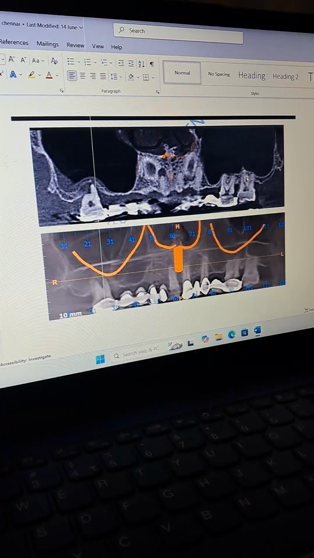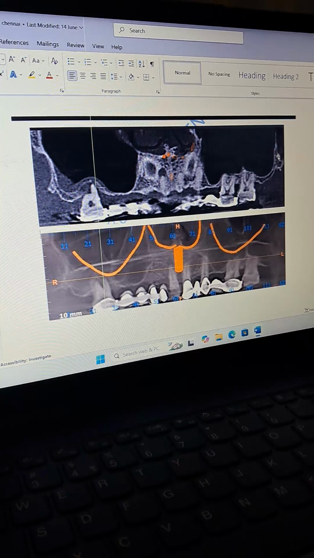Again, in the molars we have 5 mm of bone, and then again 1 mm, 2 mm bone. The advantage is that there is a dense cortical pterygoid area over here and a less dense cortical area for pterygoid over here. So in this case, I have engaged both the pterygoids.